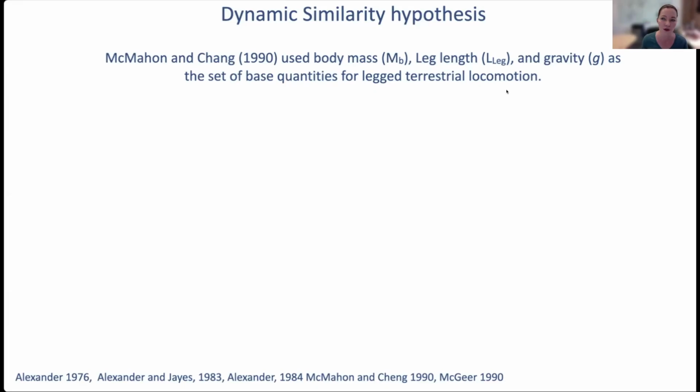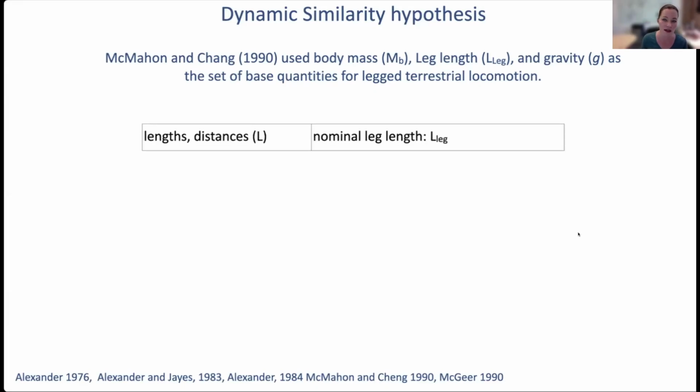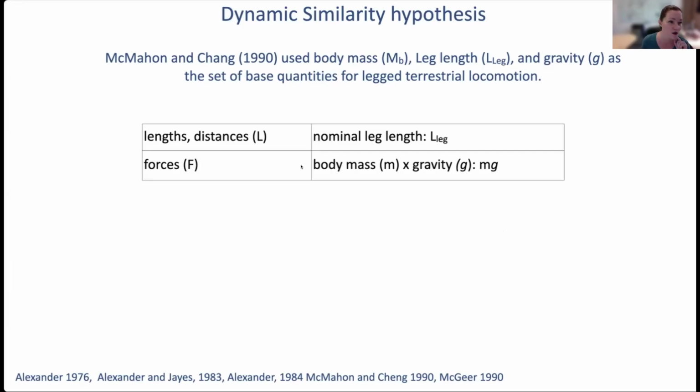So if you work through these quantities, all lengths, distances traveled, et cetera, would be normalized based on nominal leg length. We can talk about different ways to measure that, because that is an area where you have to make some choices. Forces are going to be normalized by body mass times gravity, mg. For time, we're going to use the characteristic pendular period as our time base.